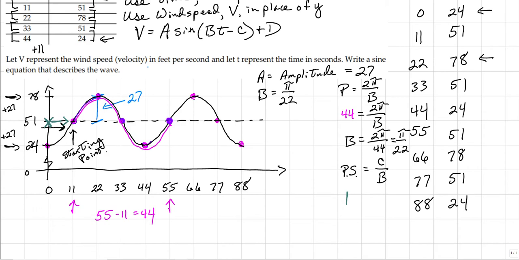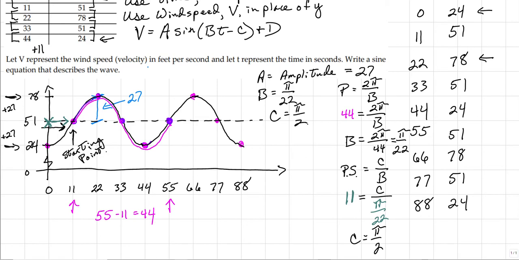So I can go ahead and write 11 here. And that's going to be equal to C over B, and we just found B to be pi over 22. And therefore, when I solve this for C, we find that C is simply equal to pi over 2.